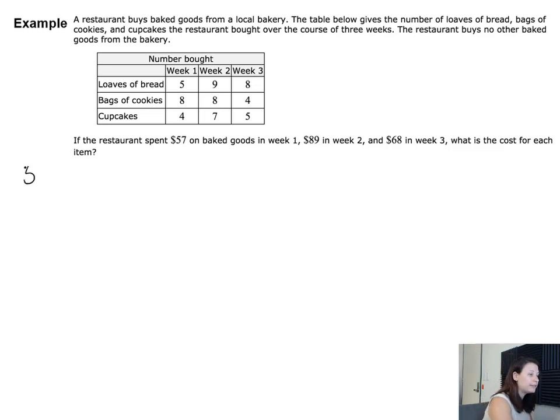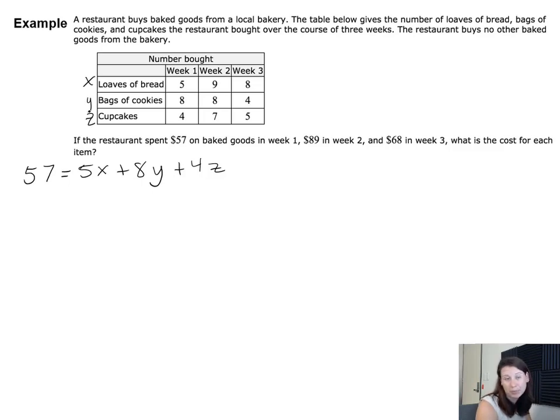We're also told here that in week 1 we spent $57 on baked goods. So that means that $57 is equal to some dollar amount for the bread plus some dollar amount for the cookies and some dollar amount for the cupcakes, right? So bread will be X, cookies will be Y, and cupcakes will be Z. We could have used other letters, but there weren't any specific good ones that didn't overlap.